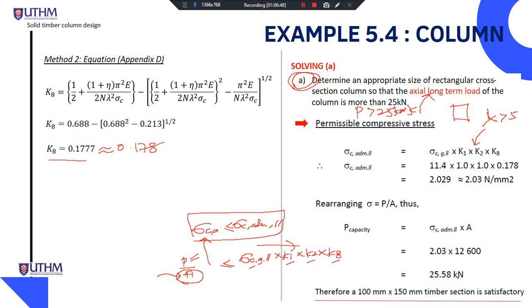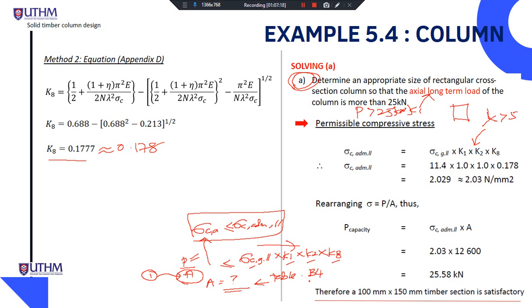So finally, after you calculate A, we get A equal to a certain value, and later we refer to table B4 because this is the gyration timber case.